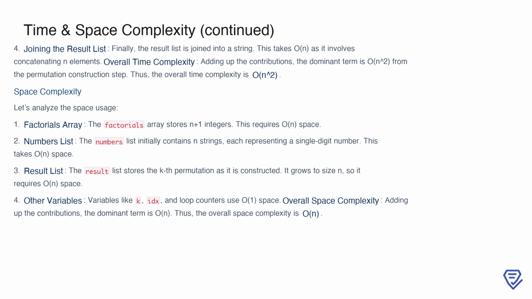Additionally, the result list, which grows to size n as the KTH permutation is constructed, contributes another O(n) to the space complexity. Other variables, such as k, idx, and loop counters, occupy constant space. When we sum these contributions, the dominant term is O(n). Thus, the overall space complexity of the algorithm is O(n).